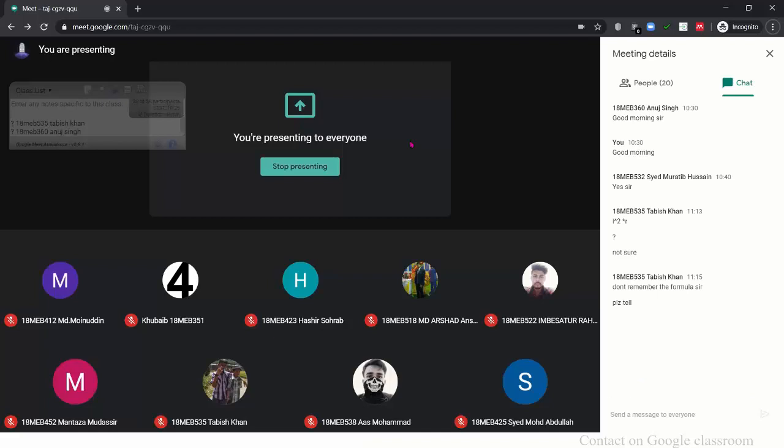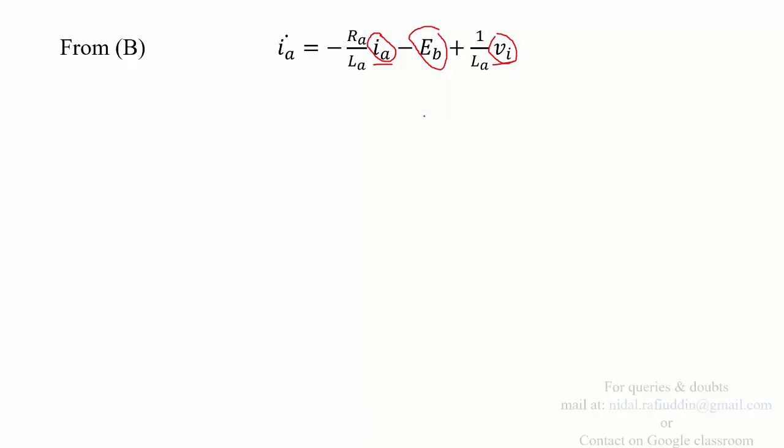I told you that back EMF EB is proportional to what? It's proportional to angular velocity omega. So back EMF is large when your rotational speed is large, and it will be small if your motor is rotating at a lower speed. If you remember the expression for EB, since it's proportional to omega, you can simply say that EB is equal to K times omega, and the correct formulation was Kb d theta by dt.